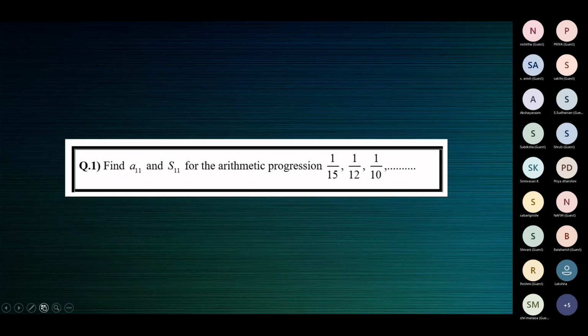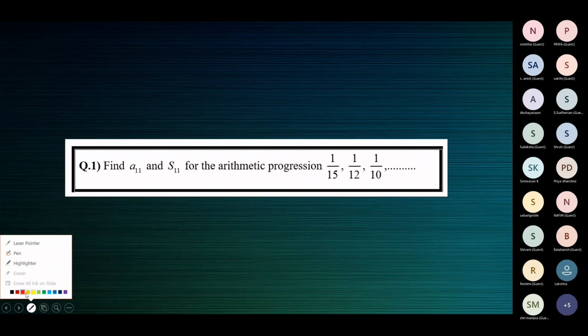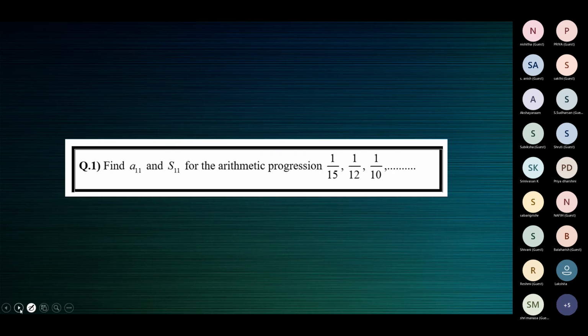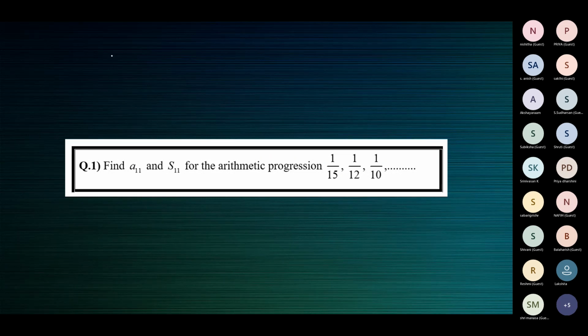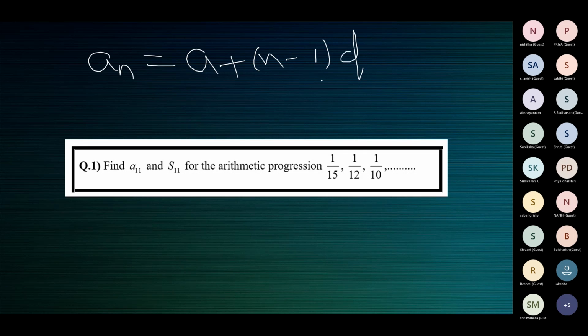Let me write it here. If you want to find AN, the formula is A plus N minus 1 into D. So if you want to find A11, that means N is 11.